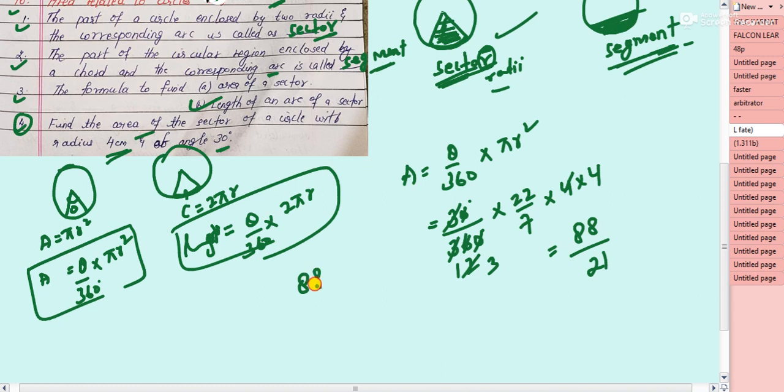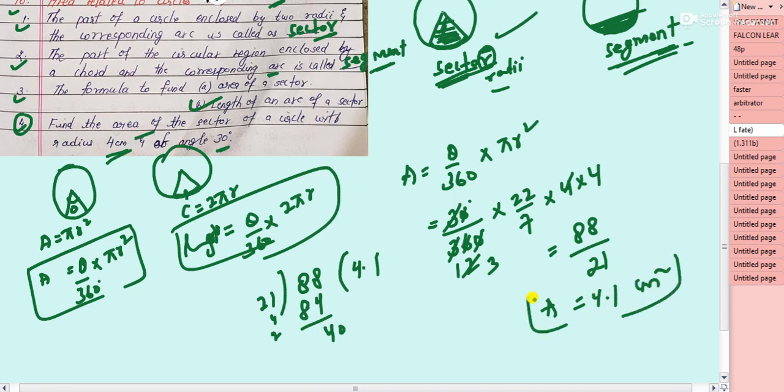So 88 by 21, 21 4s are how much? 84, correct? 4 ones are 4 and 4 2s are 84, divided by this is 4, correct? Point 0. So 21 2s are 42. So it is just 4.1. You can write 4.1 centimeter square. The unit is very important.